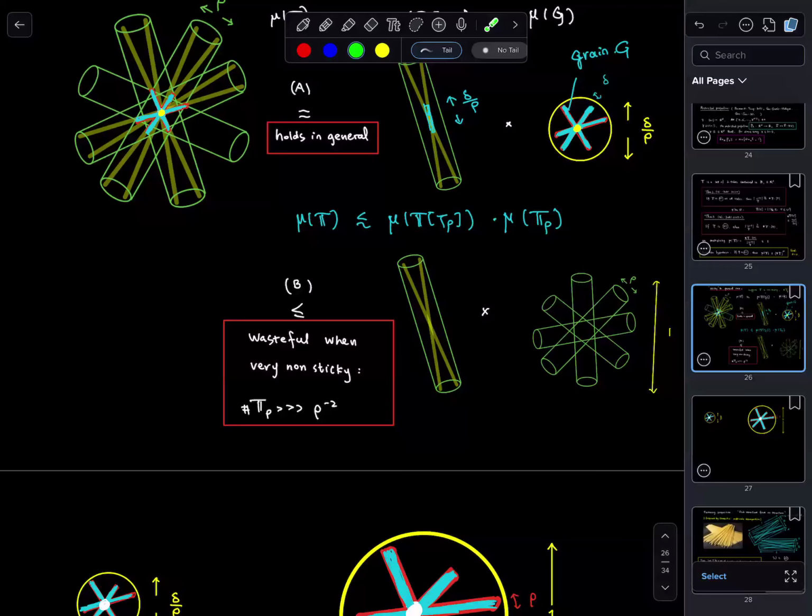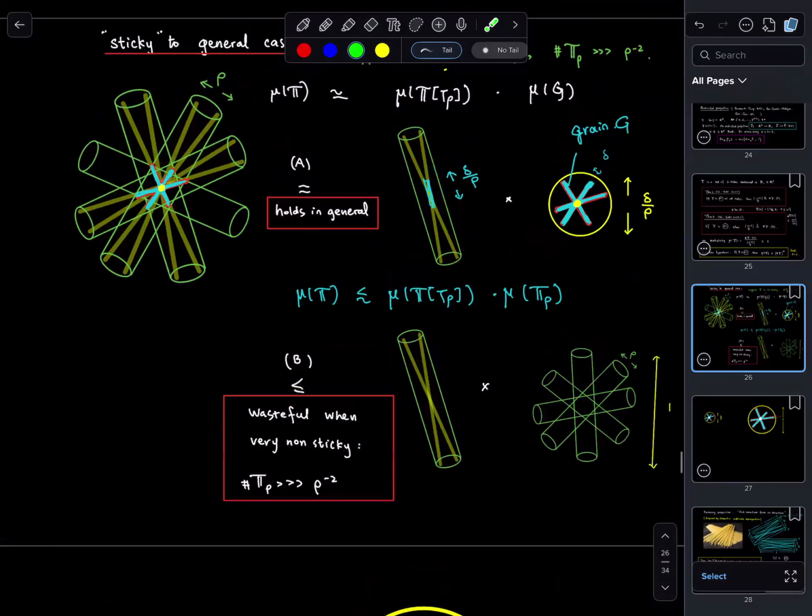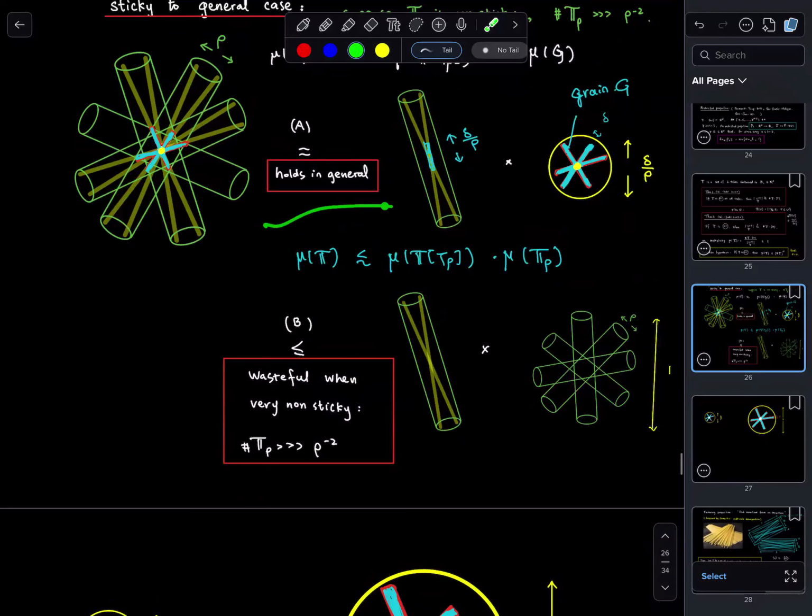And then how do we think about those non-sticky Kakeya sets? The answer is that we should think about the first decomposition, because the first decomposition is approximately the same, so it does not have any loss. But why didn't people think about the first decomposition?